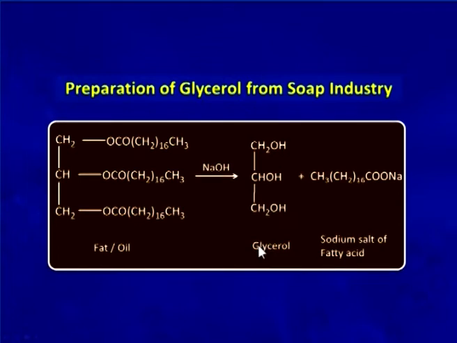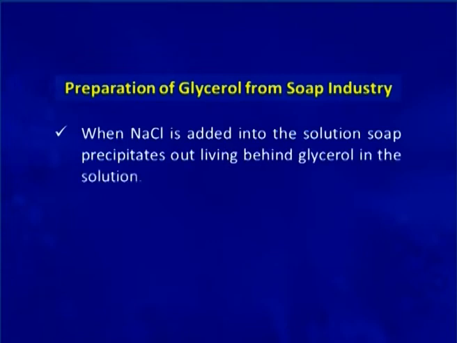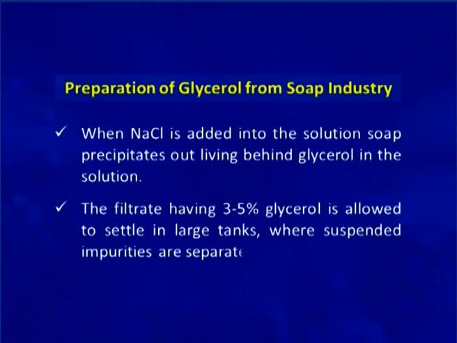When saponification is done on oils and fats, soap is formed in the form of sodium salt of long chain fatty acids, and glycerol is also formed. Now, when sodium chloride is added into this solution, soap precipitates out, leaving behind glycerol in the solution. This filtrate is allowed to settle for some time, so that the 3 to 5% glycerol is filtered out from this solution.